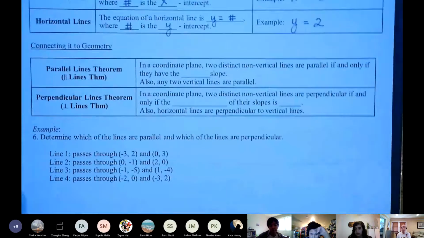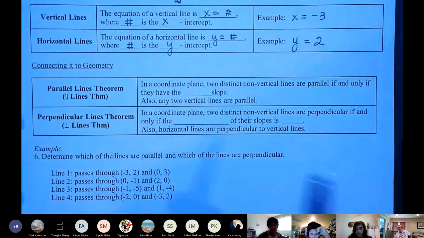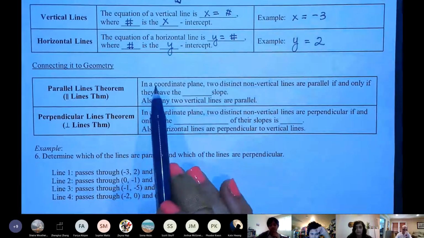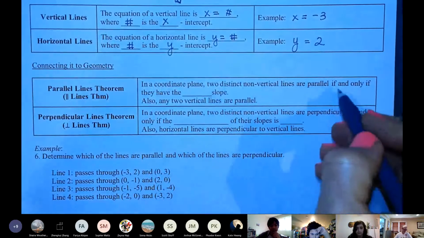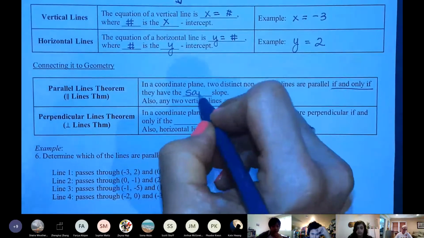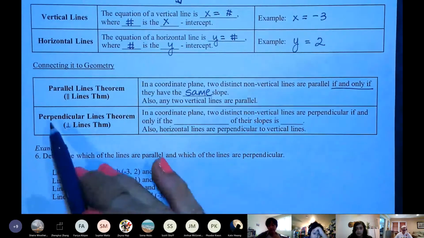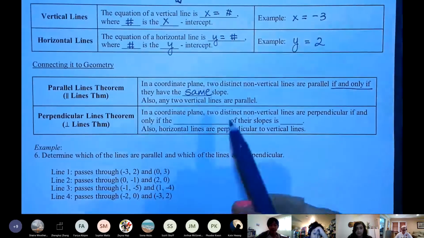Now what we're going to do with all this algebra review is connect it to geometry. So for section 5, in a coordinate plane, 2 distinct non-vertical lines are parallel if and only if they have the same slope. Also, any 2 vertical lines are parallel. And the perpendicular lines theorem, you should have seen this already in yesterday's video.